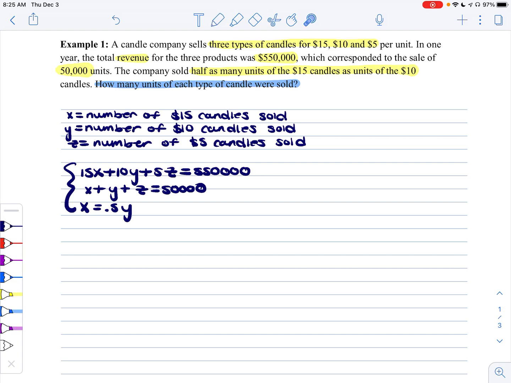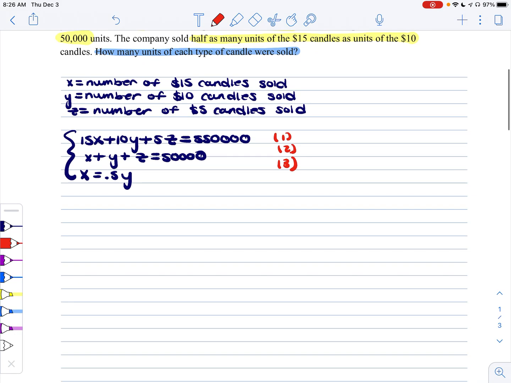So half of y is equal to x. All right, so we now have our three equations, so we have our system.